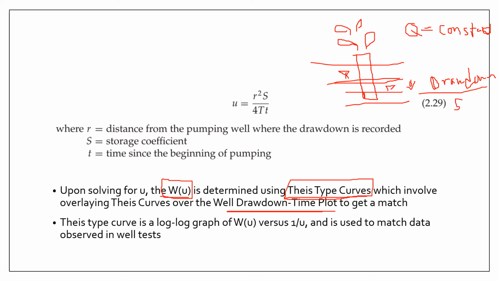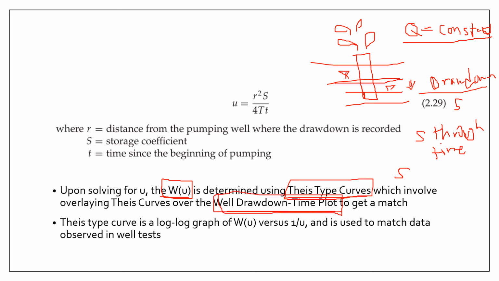Okay, so we are recording S through time during a well testing. You're constantly pumping out water, and we are monitoring the drawdown through different time intervals in the well. Okay, so once we get S through time, we plot it in a drawdown versus time plot.